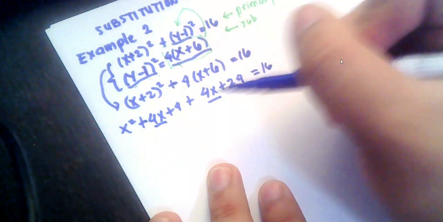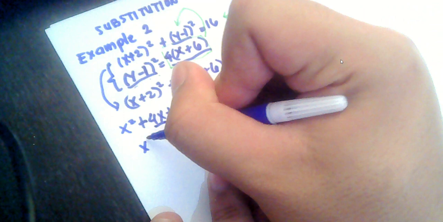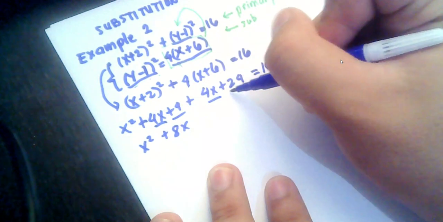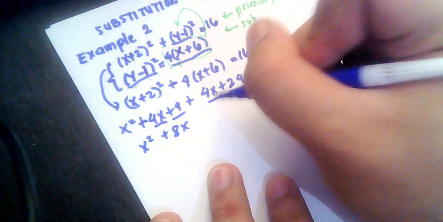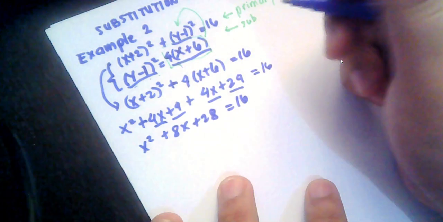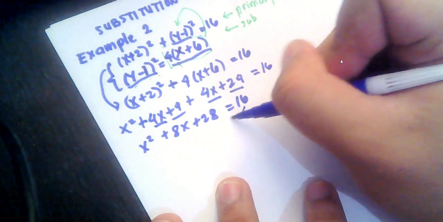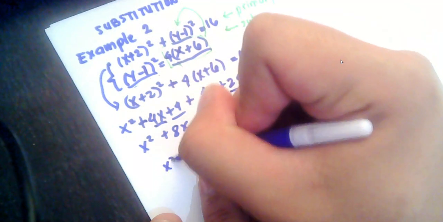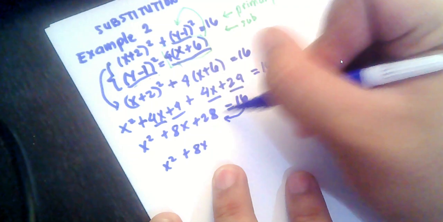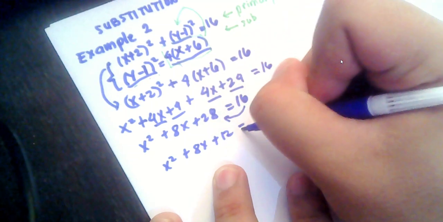That is now, let me copy the x word, 8x. 4 plus 24, that is 28, equals 16. And if we are going to transpose 16 to the other side, that becomes x squared plus 8x plus 28 minus 16, that is 12, equals 0.